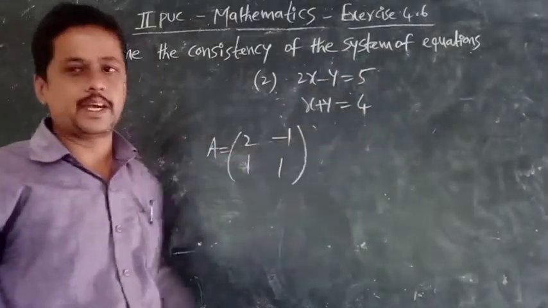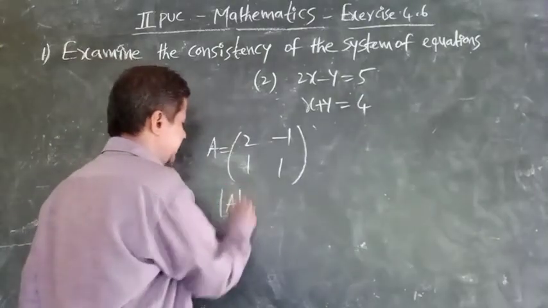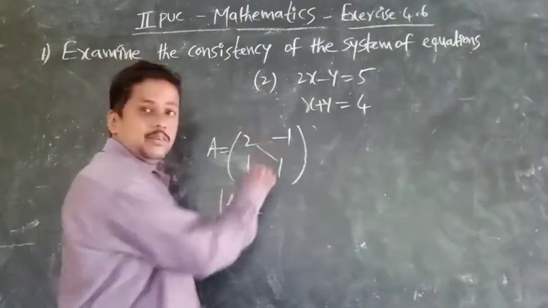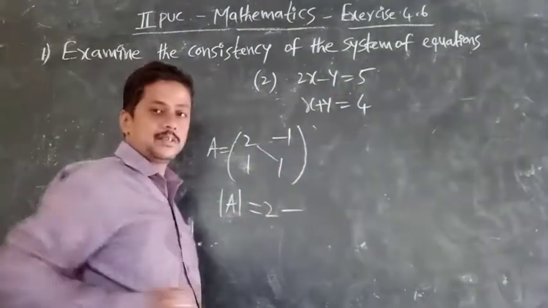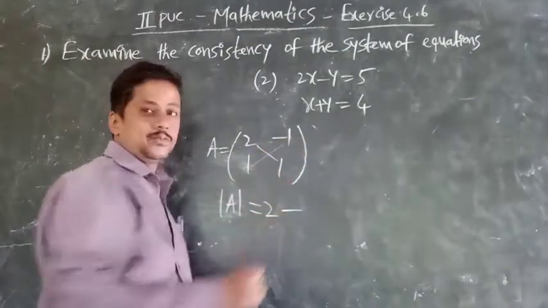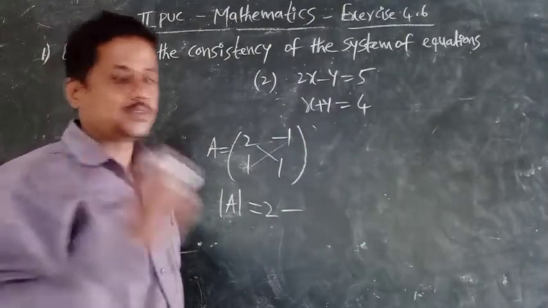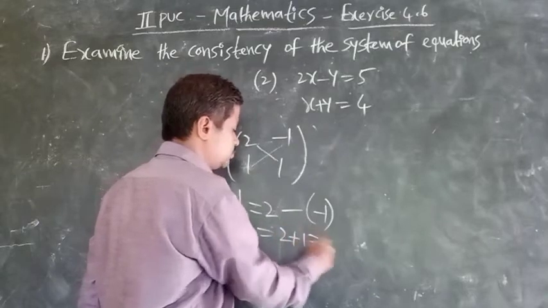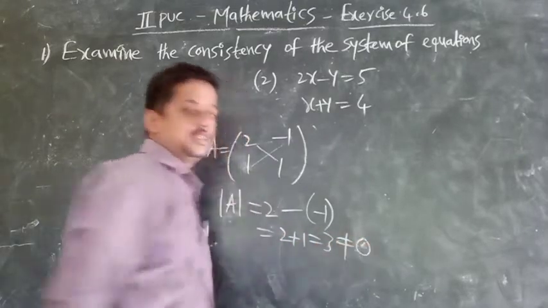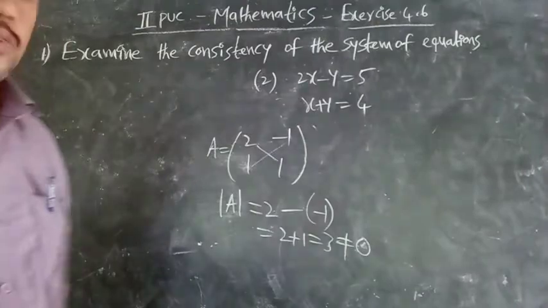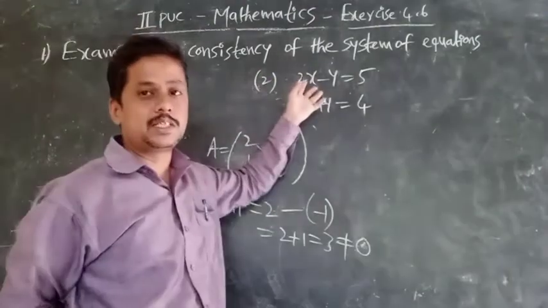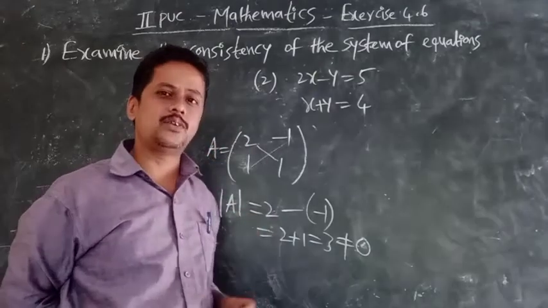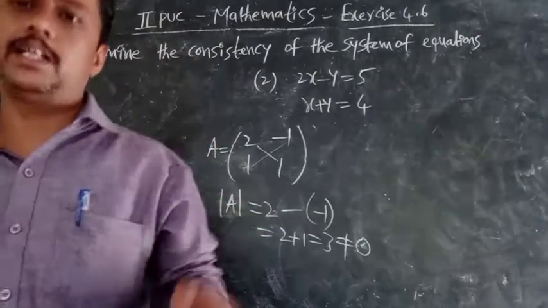Calculate det: 2 into 1, minus 1 into minus 1 is minus 1, so 2 plus 1 is equal to 3. 3 is not equal to 0, so this system of equations is also consistent. Understood or not? Like that we have to decide. Some other problems are there; I will tell that also.